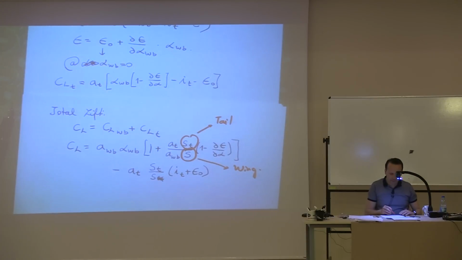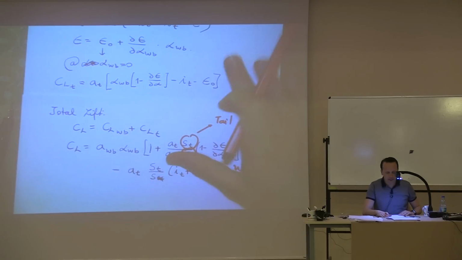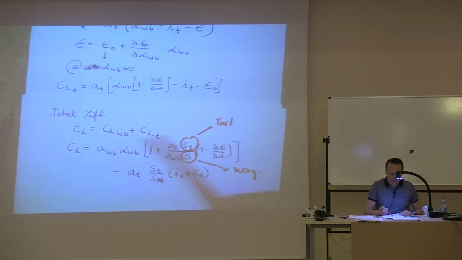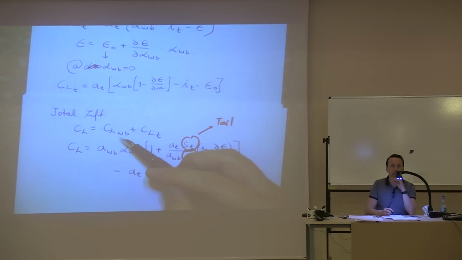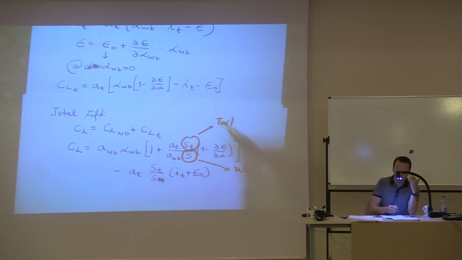It is coming from the fact that the CL of the tail and the CL of the wing are not normalized with the same value, right? CL is normalized with the reference area of the wing, but CL of the tail is normalized with the reference area of the tail. You understand that?